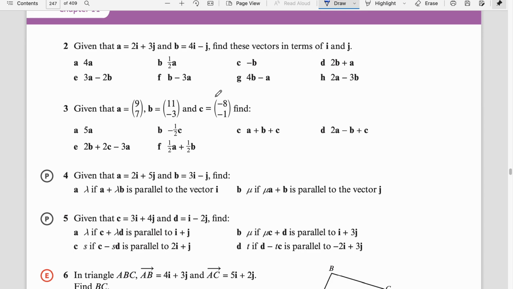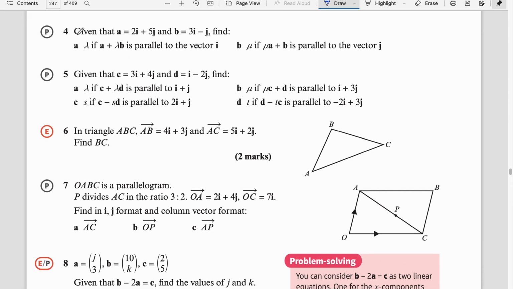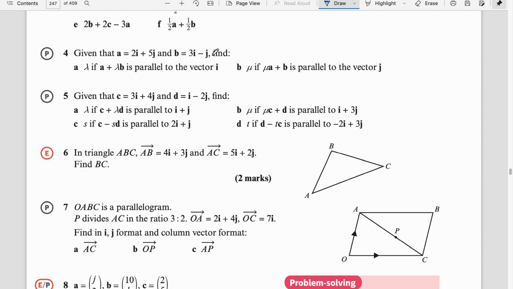Given that A is given, B is given, so simple scalar multiples and additions. Question number 4. Given that A is equal to 2i plus 5j and B is equal to 3i minus j, find lambda if A plus lambda B is parallel to vector i. Now see A plus lambda B. Whatever A is, I am just copying those values.